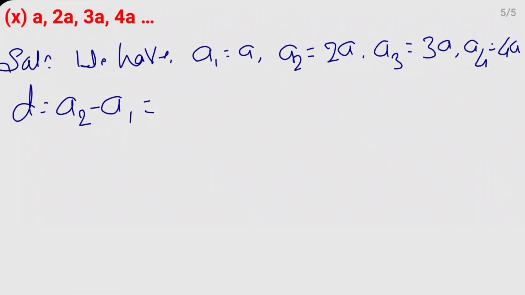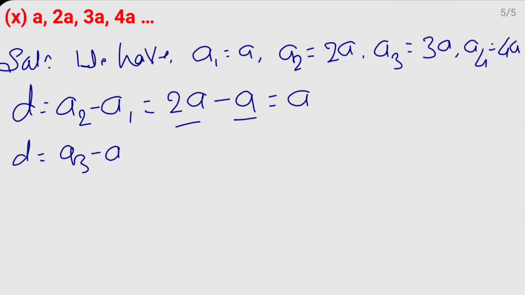So here A2 is 2A minus A1 is A. 2A minus A is A. So next D is A3 minus A2. A3 is 3A minus A2 is 2A. In 3A, remove 2A. We got A only.